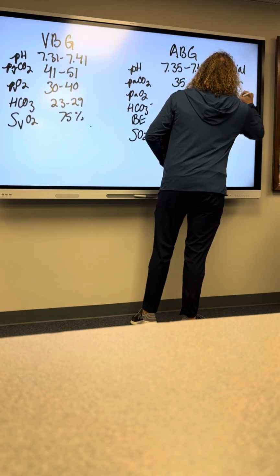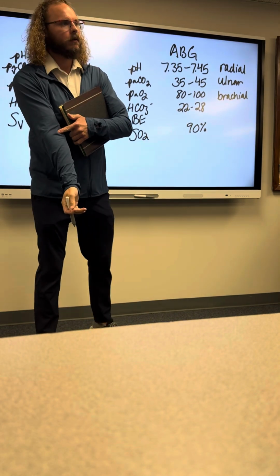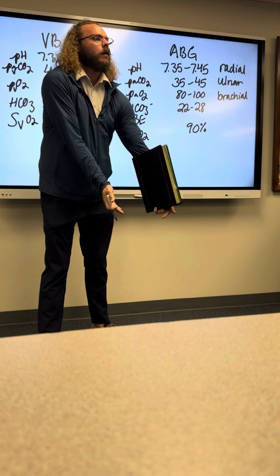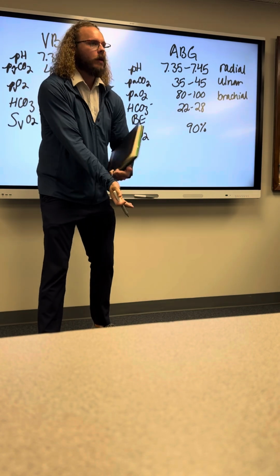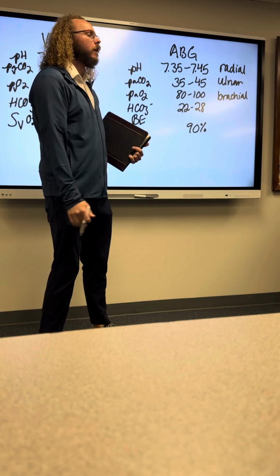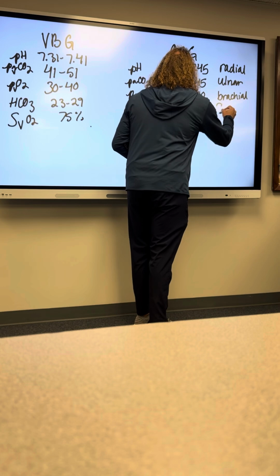Next option would be brachial. We don't like to do that because then that's even more limb that may have to be cut off if I were to mess up a brachial artery whenever I stuck it. Then next is femoral.